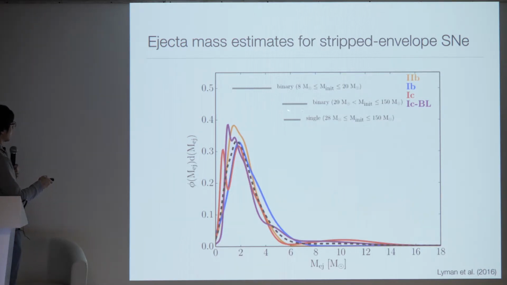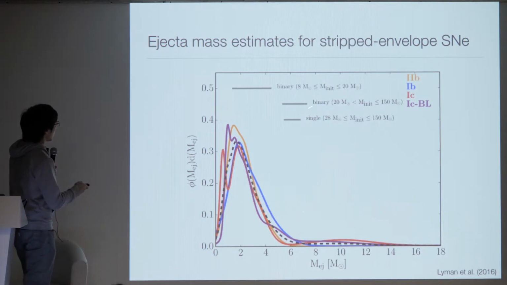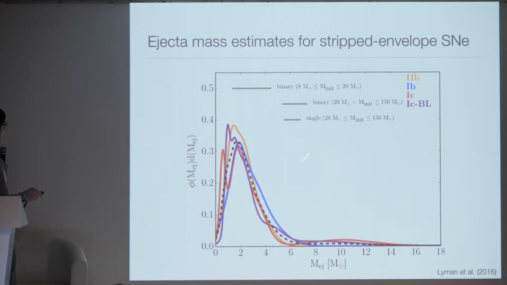And of course, even with binary stellar evolution, if the initial mass is large, then you still get a large core. So even binary stellar evolution predicts a relatively massive core, and we don't see them as well.